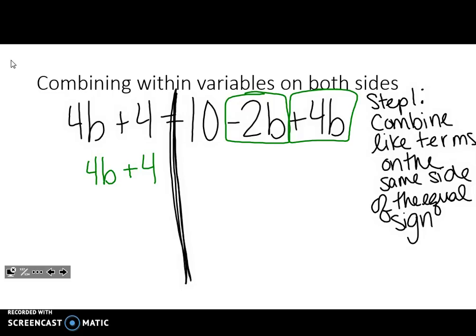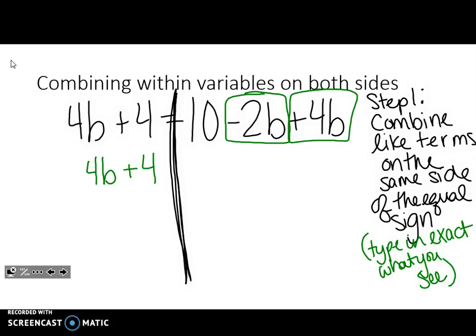These are like terms. Remember, when we combine like terms, we need to type in exactly what we see. Do not use the opposite. So for this problem, we're going to type in negative 2 plus 4.